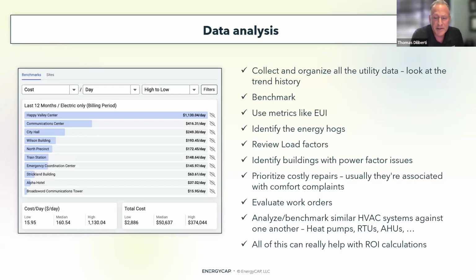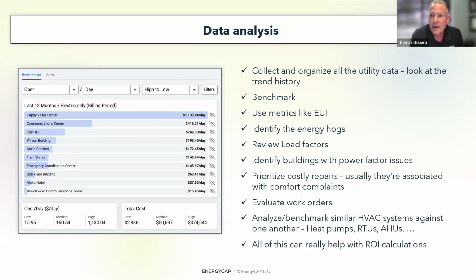One of the bullets at the bottom of my list here is I'm suggesting analyze and benchmark your buildings against one another by comparing their HVAC systems. Many times buildings with heat pumps, just due to the nature of the way they're designed, have similar uses. Because they have the heat pumps and they have similar uses, it becomes a scenario where you can do a better job of comparing how they're performing. And so do that.